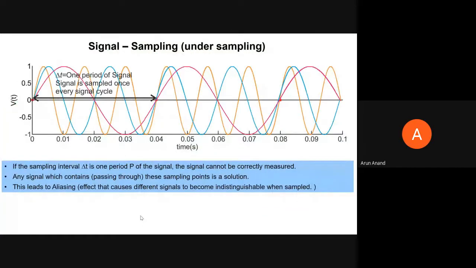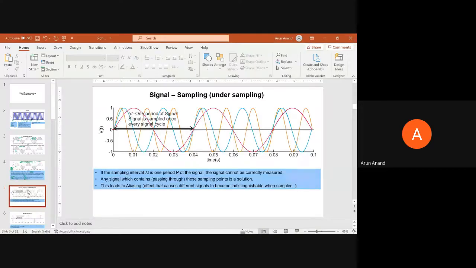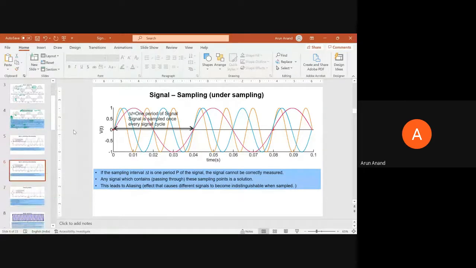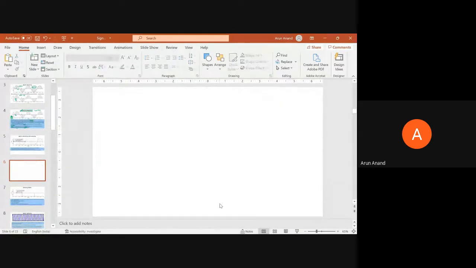So for example, you have a signal, and it is better if I draw it. Let's say you have a sinusoidal signal, a sine wave. It's equally valid in any other shape also.